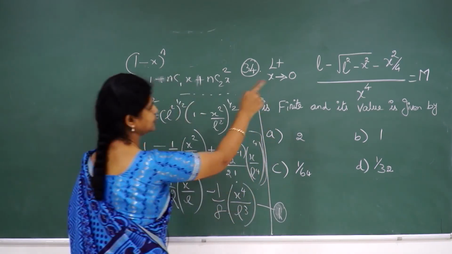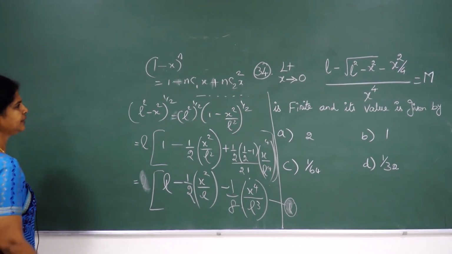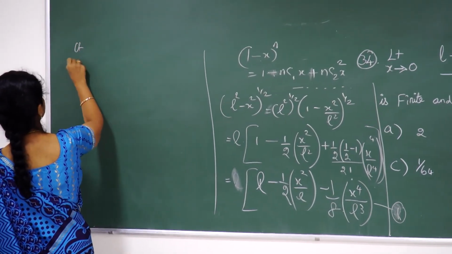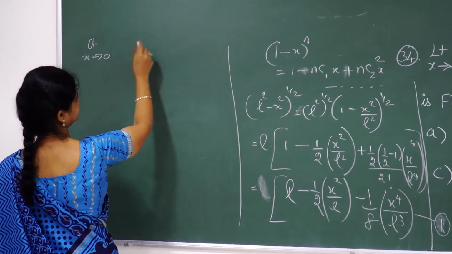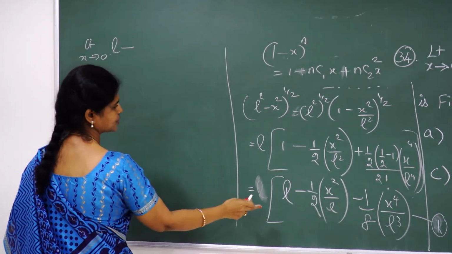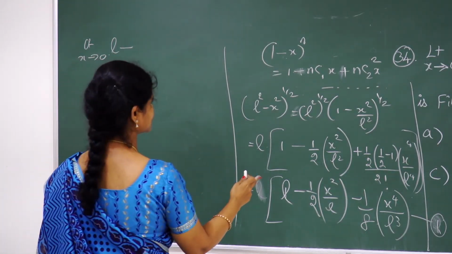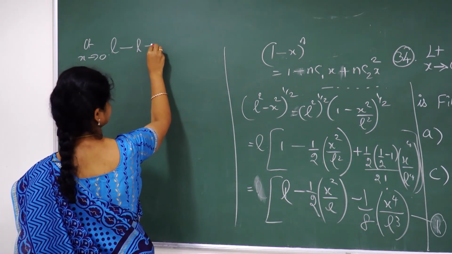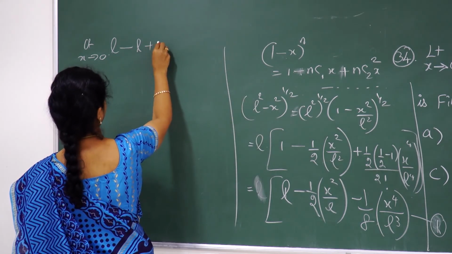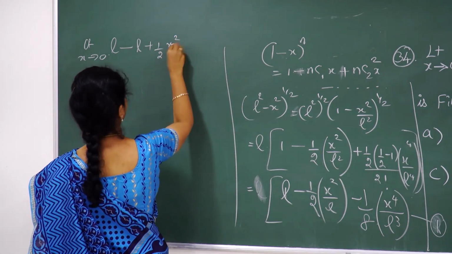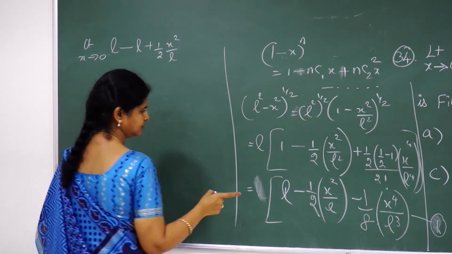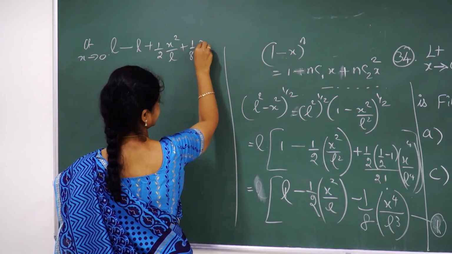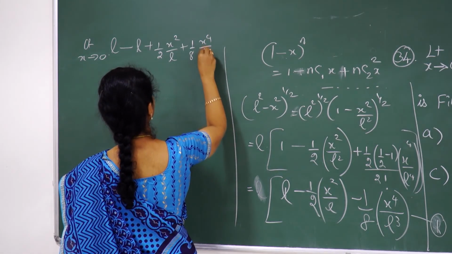You are going to substitute this in the expression of the limit. Given the limit as x tends to 0 of L minus the expression L square minus x square to the power 1 by 2, substitute here from equation 1. You get L, minus of minus becomes plus 1 by 2 x square by L. The next term, already there is a minus, so plus 1 by 8 x power 4 by L cube.